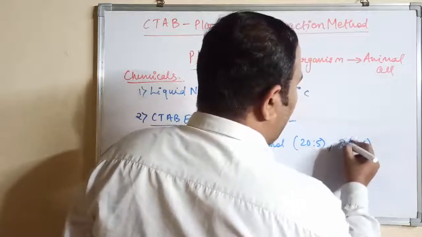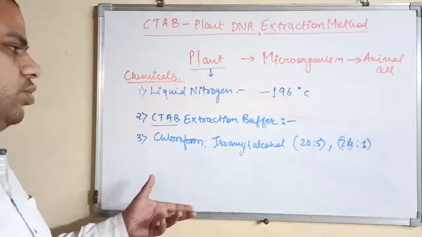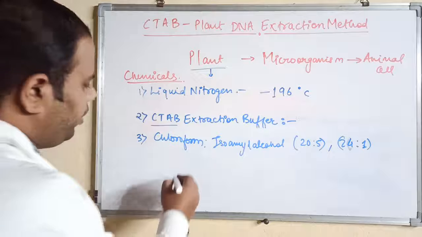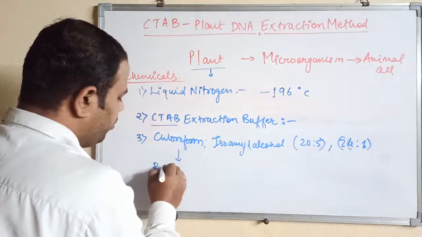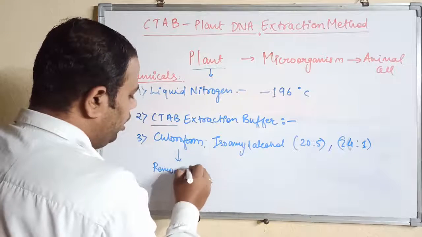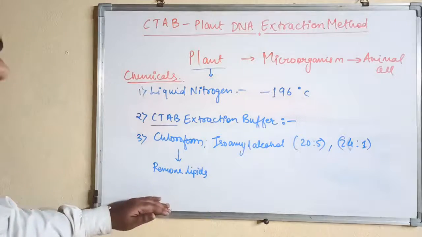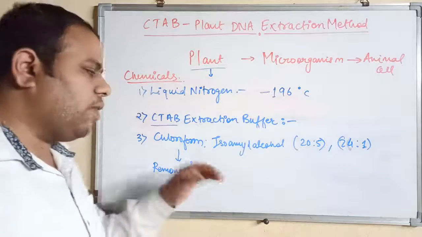It depends on how fine or how concentrated a DNA fraction you want. The role of chloroform here is to remove lipids. It absorbs the lipids and forms a separate layer, thereby removing the lipids from our solution.